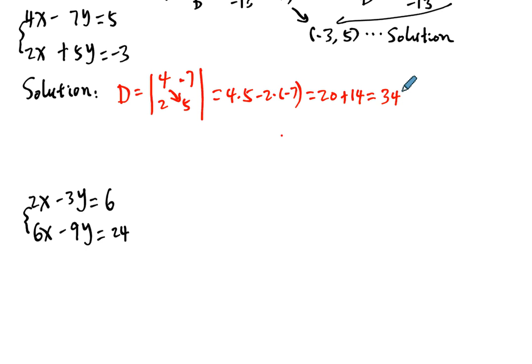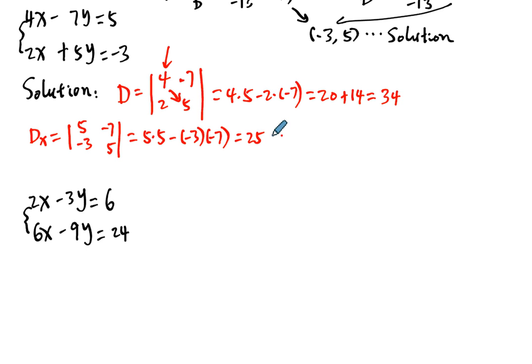Then you calculate dx. dx is to replace the first column with constants. So you should have 5, negative 3, and then here is negative 7, positive 5. Again, 5 times 5, subtract negative 3 times negative 7.